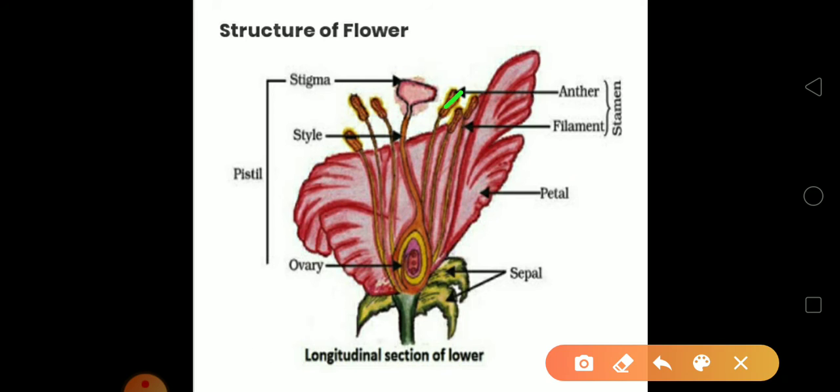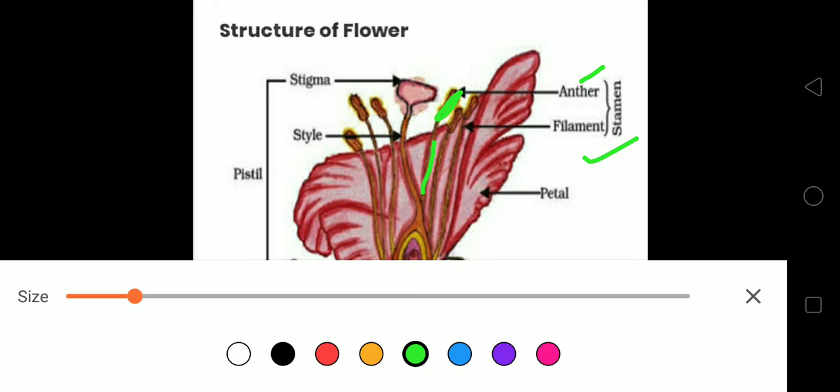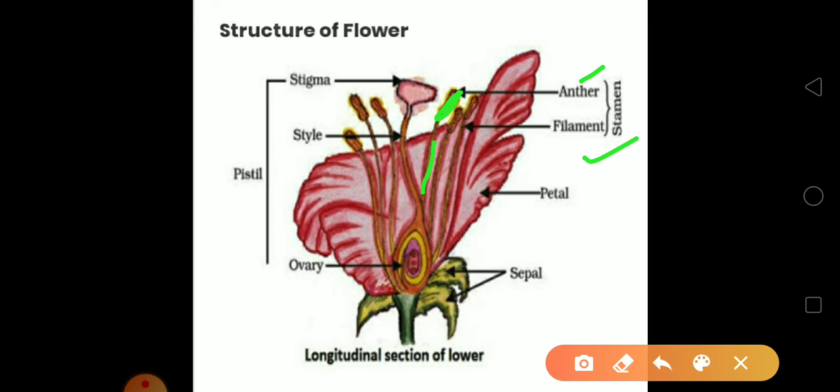This is the anther, right? And this is the filament. The filament is a long stalk that bears the anther at the top. You can see here, this is the filament and on top is the anther, right?